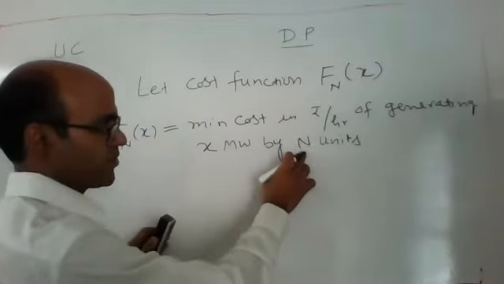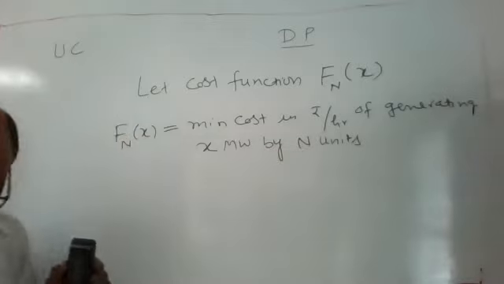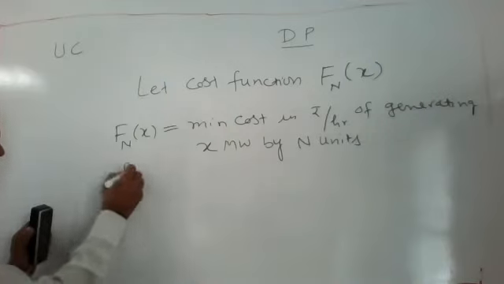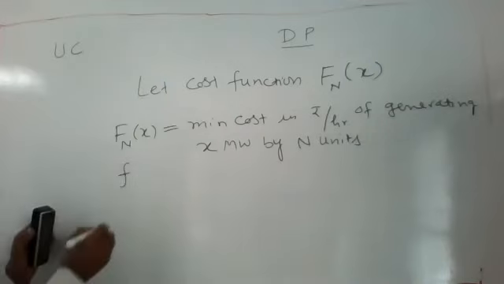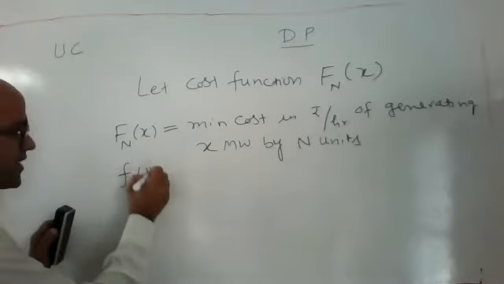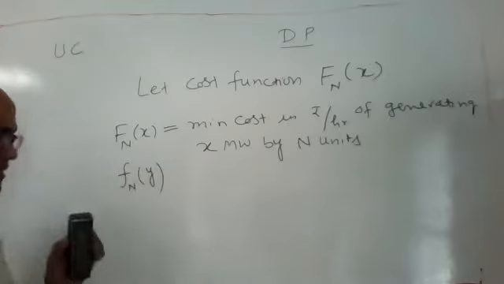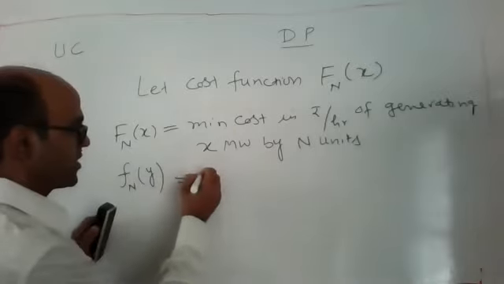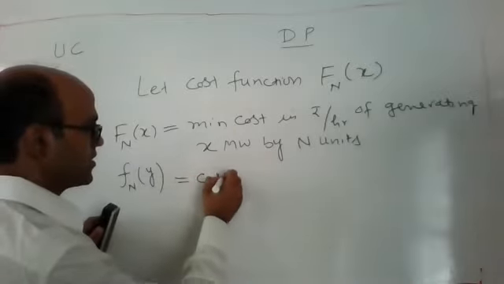So this is the unit number, the nth unit. Similarly, we define another function, small f_n(y), for the same unit, which generates power y. So this is the cost of generating y megawatt by the nth unit.